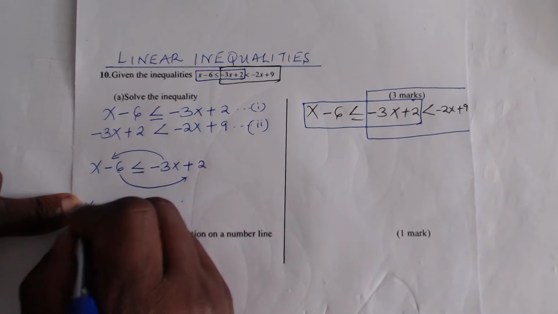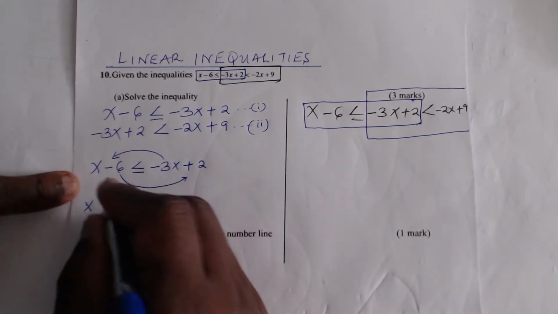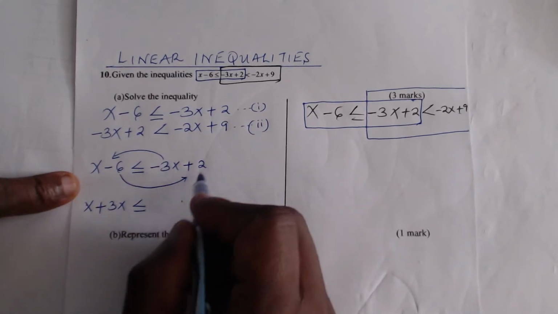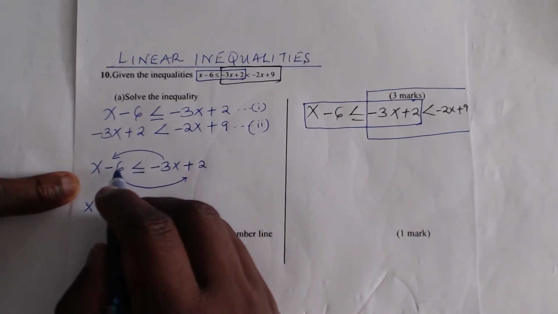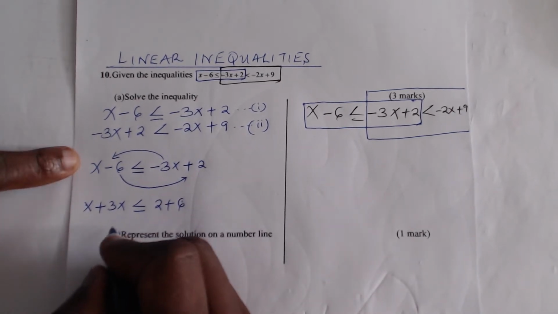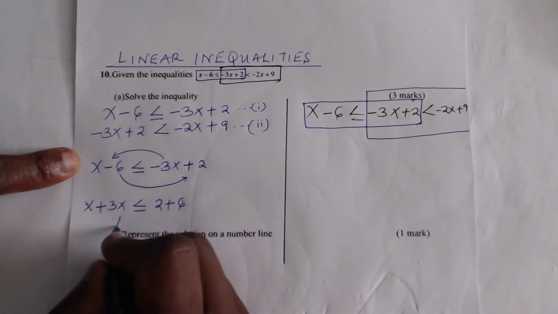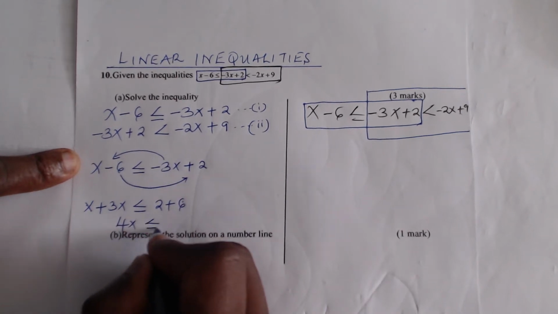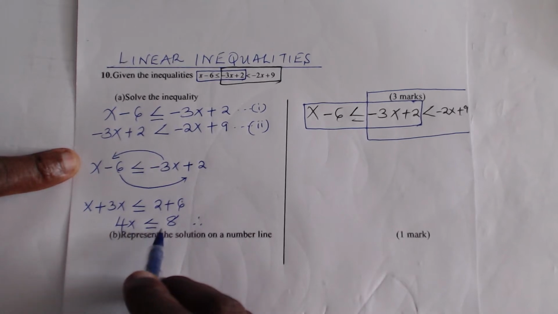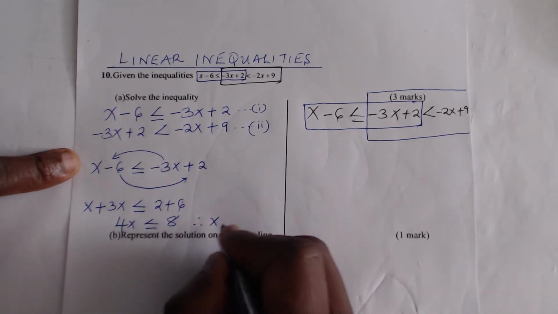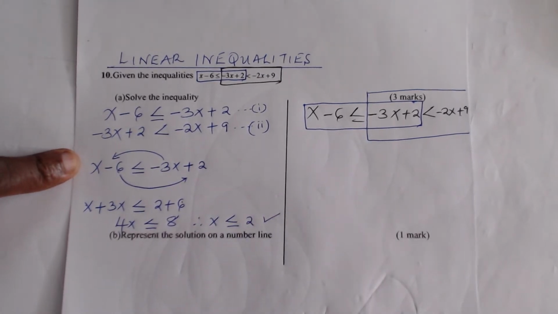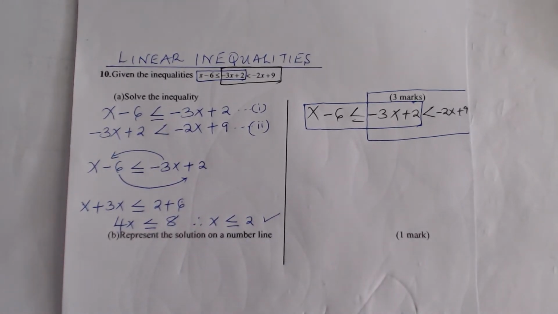Taking -3x over, you get +3x, and taking -6 over, you get +6. So x + 3x gives 4x ≤ 8. Divide both sides by 4, and you get x ≤ 2. So that is the first solution.